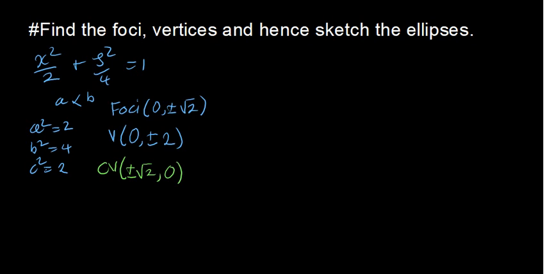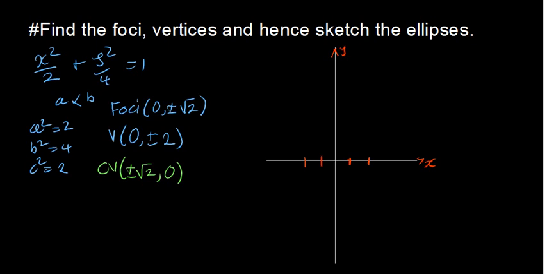Okay, so now let's do the sketching. We know it's oriented on the y-axis, like that. We can indicate this is our y-axis and this is our x-axis. So our co-vertices: if this is 1, this is 2, like that.